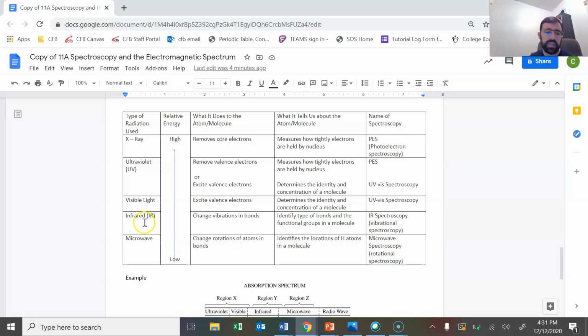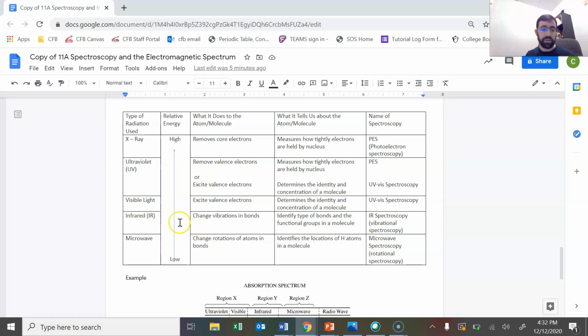Infrared is a little lower in energy. This just changes the vibrations in bonds, and it helps you to identify the types of bonds and functional groups in a molecule. The vibration, remember, that's a change in the distance between the atoms. So the bond length is expanding, contracting, expanding, contracting.